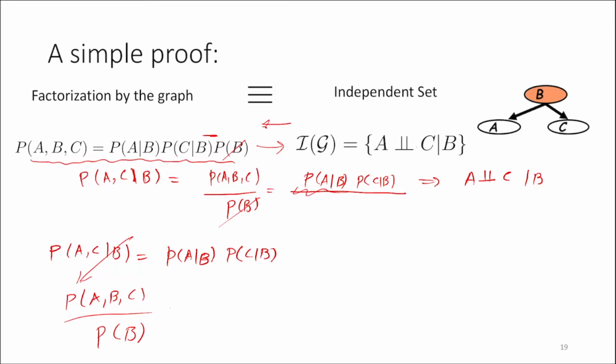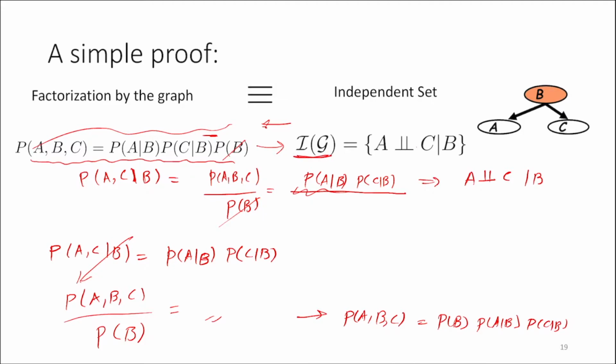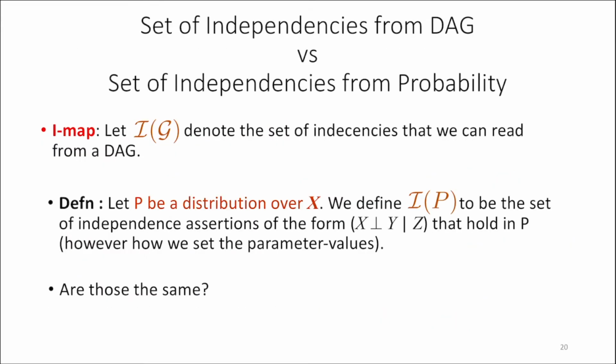If I rearrange the terms, I'm going to get P(A,B,C) equals P(B) P(A|B) P(C|B), which basically is the factorization. So hopefully I've convinced you that there's a one-to-one correspondence between the set of independencies that you see in a graph and the factorization it implies.